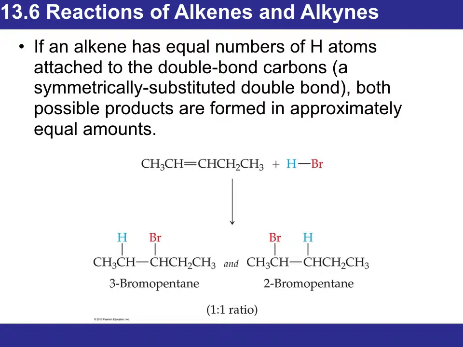If you happen to have an equal number of hydrogen atoms attached to that double bond, in other words, it's a symmetrically substituted double bond, both possible products are formed in pretty much the same amount, so that's a 1-to-1 ratio. You'll have here the 3-bromopentane and the 2-bromopentane as the result.